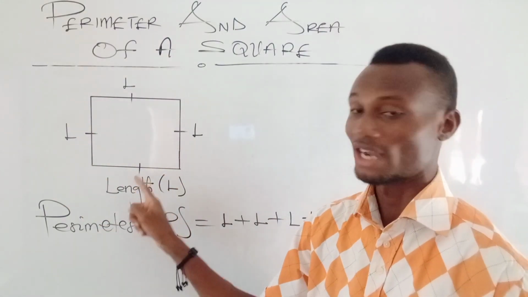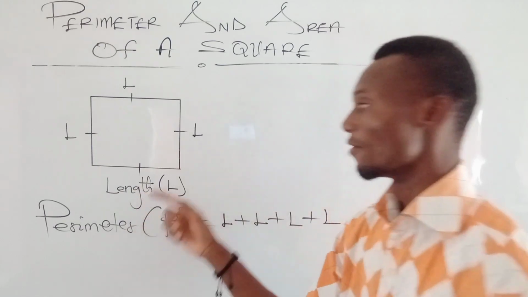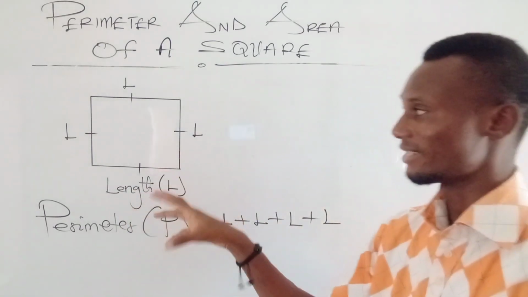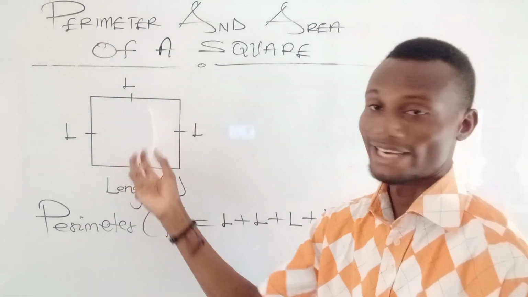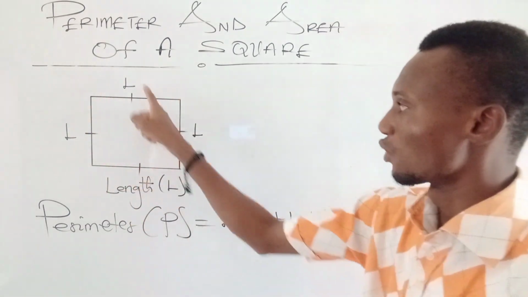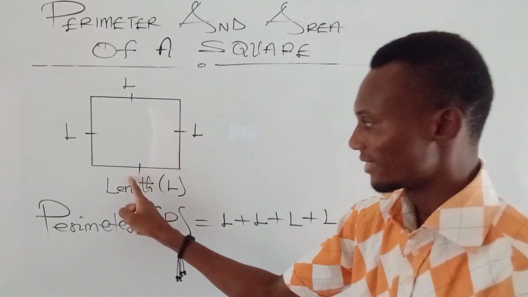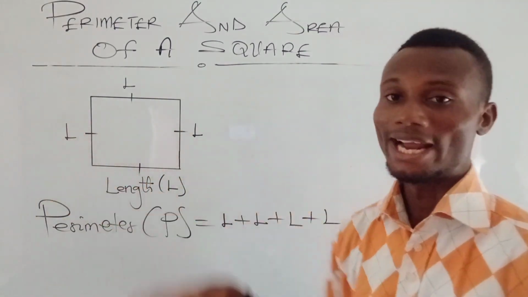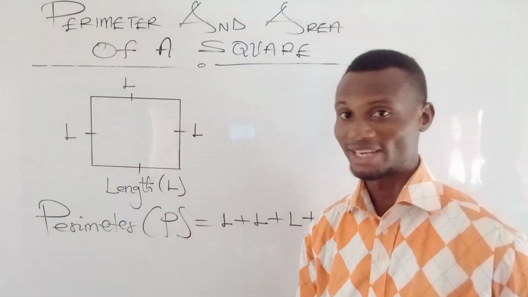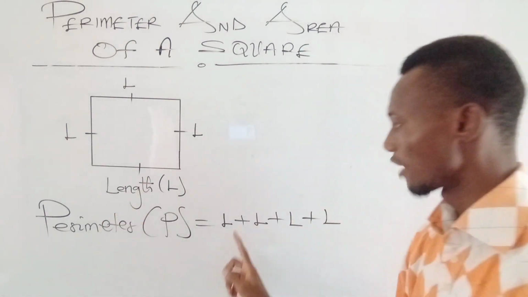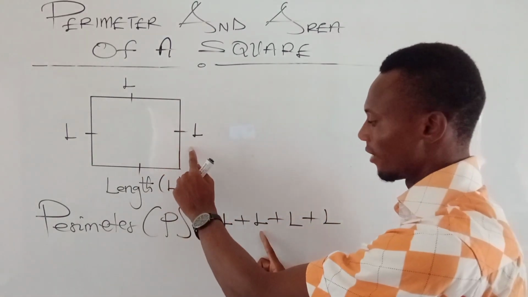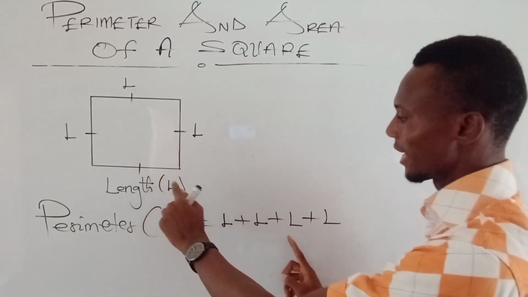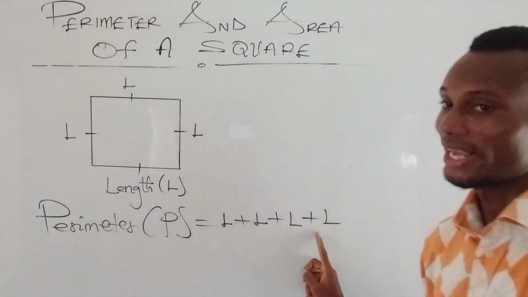Here is also going to carry L. So for us to get the perimeter, it is the summation of all the distance around the diagram. So we are going to add this plus this plus this and plus this as well, and that is going to give us the perimeter of the square. So that's why I have L plus L, so this L plus the L here plus the L here, then plus the L which is here.